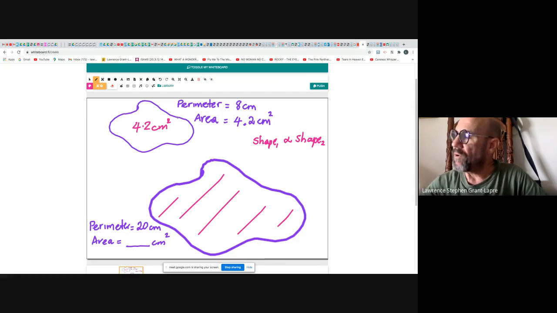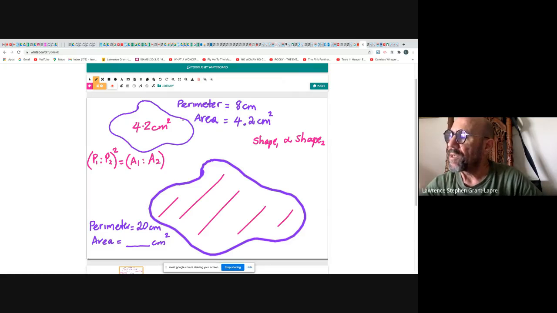So using that formula we did before, the perimeter 1 is to perimeter 2 and area 1 is to area 2, but we know that the length squared will be area. So perimeter 1 is 8, 8 is to 20. We square that, and we've got 4.2 is to x.